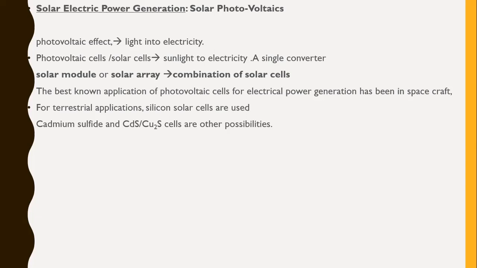This Cu2S layer is about 0.1 micrometers thick. These cells are made by deposition on long sheets of substrate, a process that is adaptable to inexpensive mass production also.